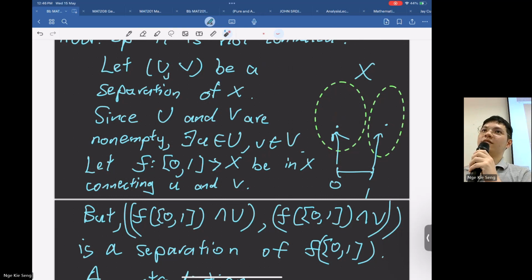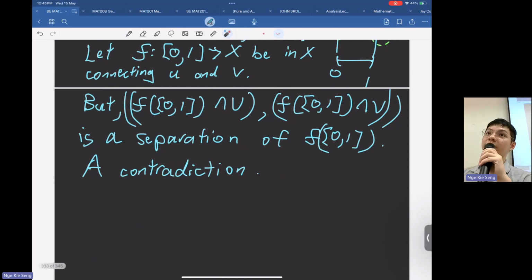Yeah. That one is contradicting f as a path that connects u and v. But here the contradiction is the connectedness of the image. Okay, so there are different ways you can solve it. I think the most important thing is this one, and then we will look at a few examples.